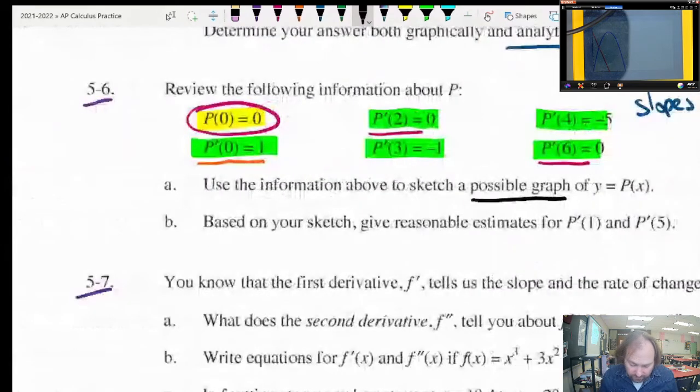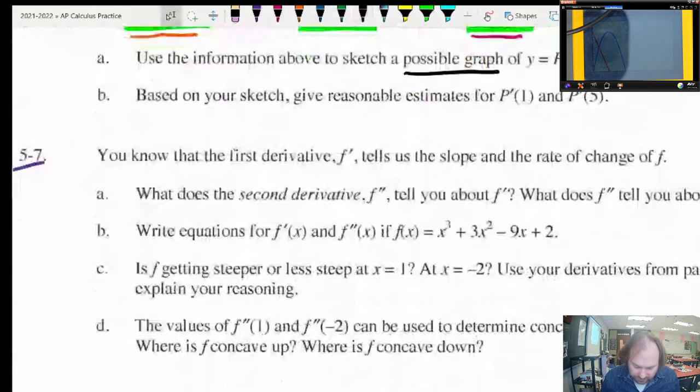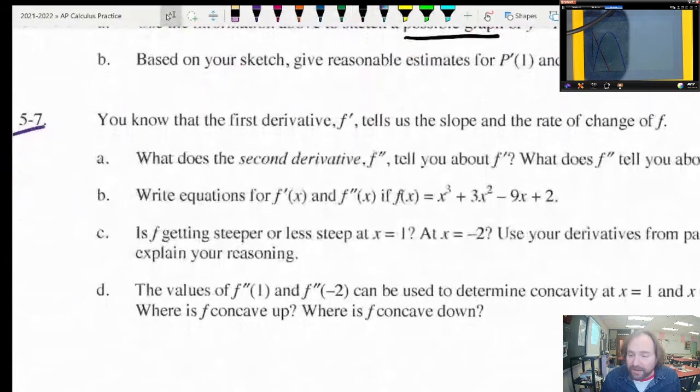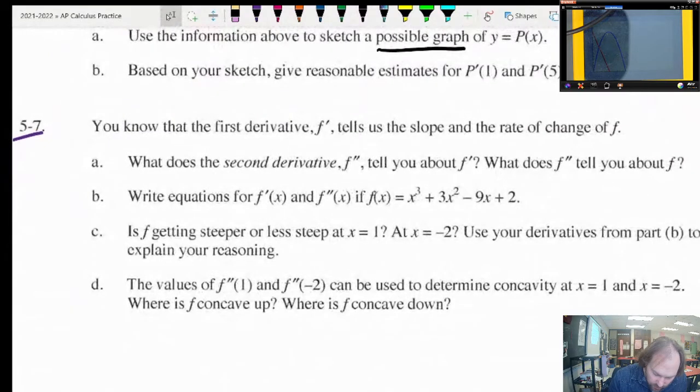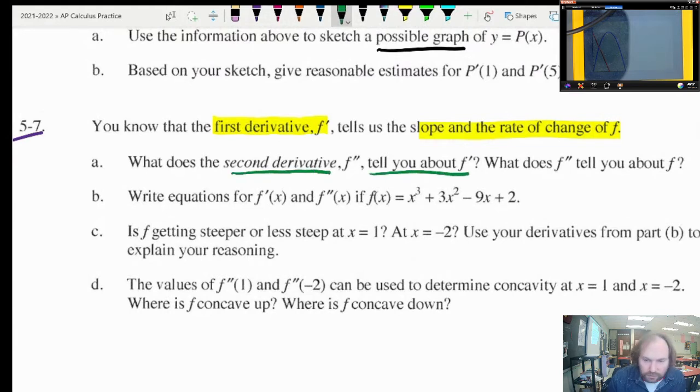5.7, the first derivative tells us the slope and the rate of change. What does the second derivative tell us about f prime? What does f double prime tell us about f prime? There's a connection here: the derivative tells the slope and the rate of change of f. The second derivative is the derivative of f prime, so it tells us the same information about f prime.